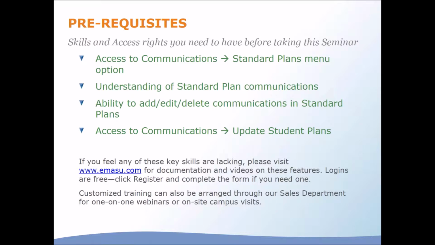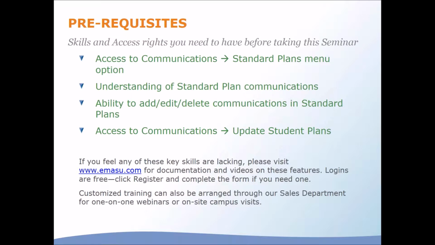The skills and access rights that you need to be able to work with the standard plans is you need to have access to that piece on the menu tree. That should probably be fairly obvious. We'll talk about what the standard plans are about.